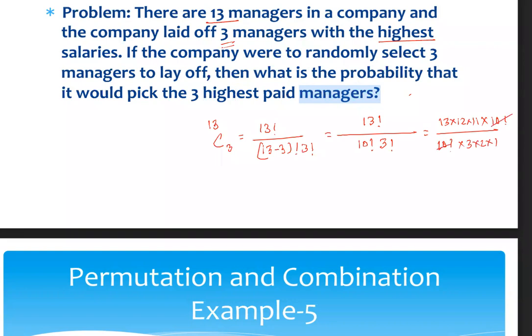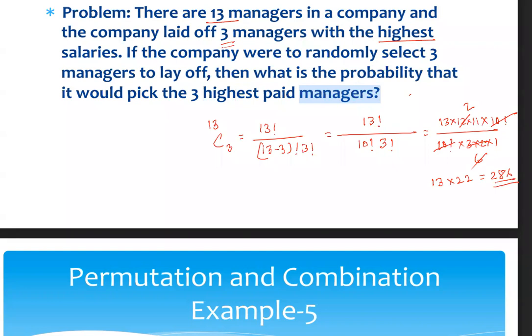This and this cancel. Now 3 times 2 is 6, right? This 6 goes into 12 2 times. So 13 times 2 times 11 is going to be 13 times 22. I think it's 286.